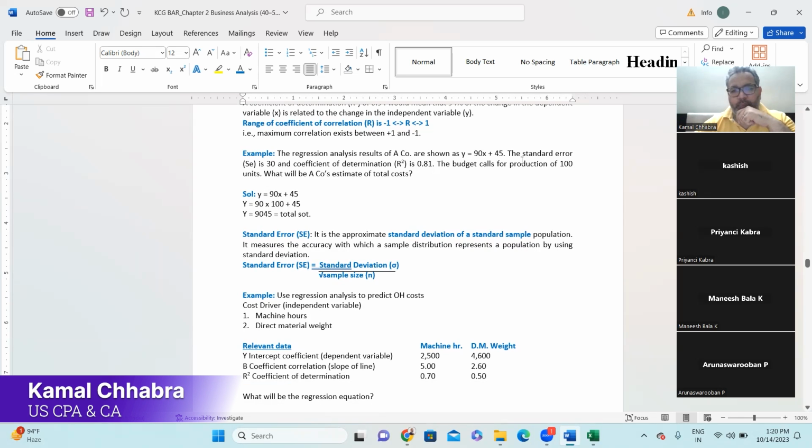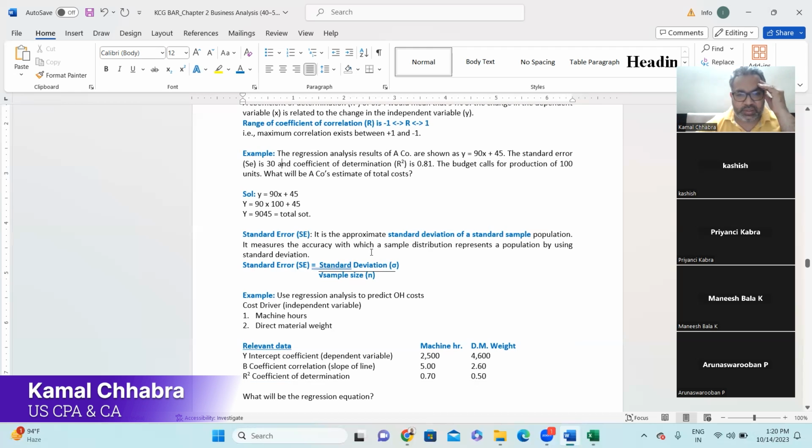The budget calls for the production of 100 units. What will be the company's estimate of the total cost? So the equation is y is equal to 90x plus 45. So y is equal to 90 multiplied by x, where x is 100 units, plus 45. That is 9,045 as the total cost.